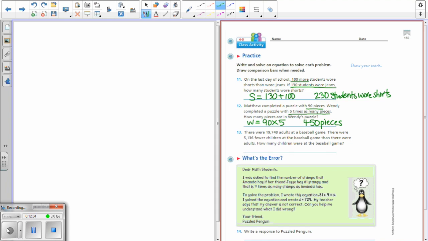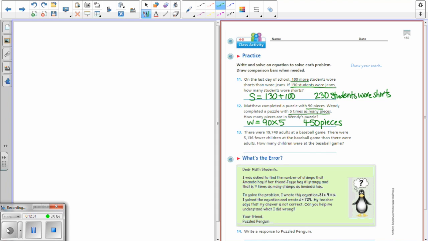All right, number 13. I'm kind of racing through these, but these ones were pretty easy. They're pretty straightforward. It's black and white. It's not a lot of confusion, I hope. There were 19,748 adults at a baseball game. There were 5,136 fewer children at the baseball game than there were adults. How many children were at the baseball game?